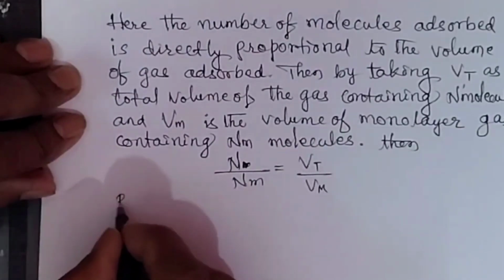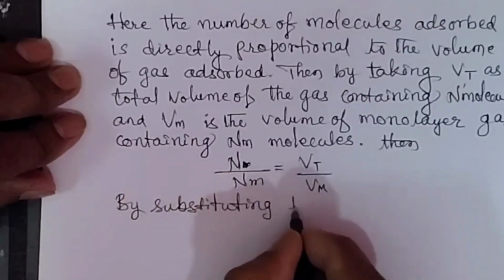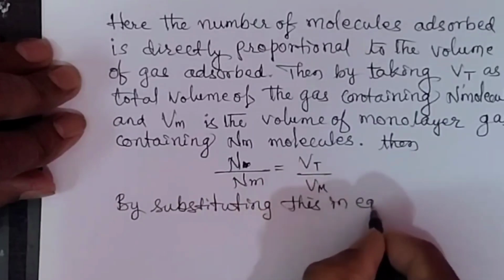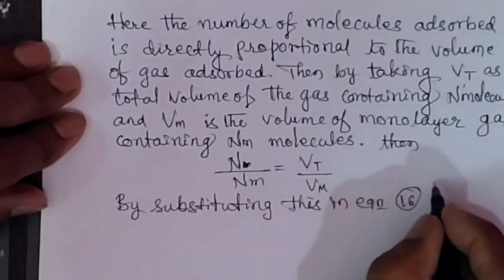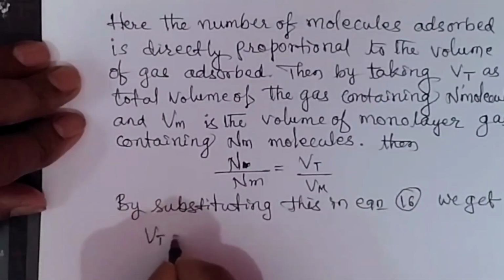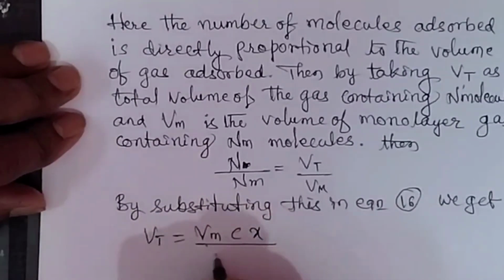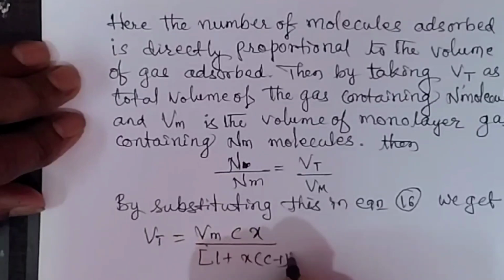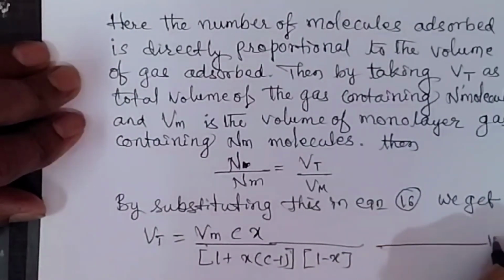By substituting this in equation 16, we get Vt is equal to Vm C into X divided by 1 plus X into bracket C minus 1 square bracket into 1 minus X. Suppose this is equation 17.